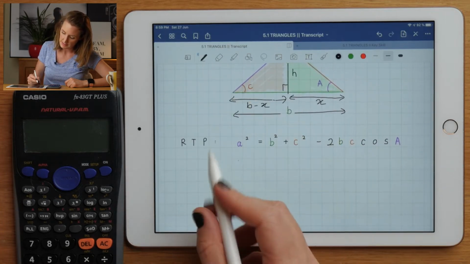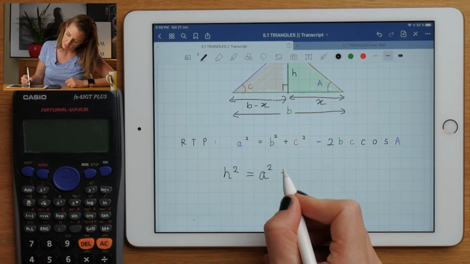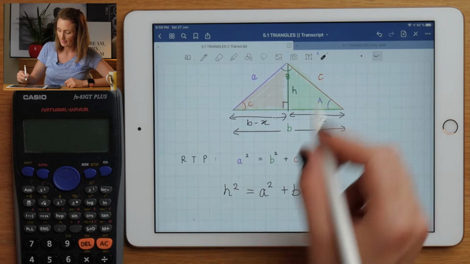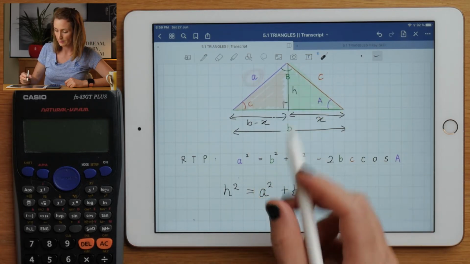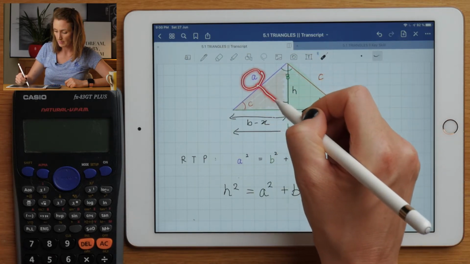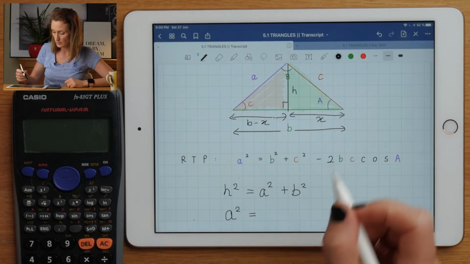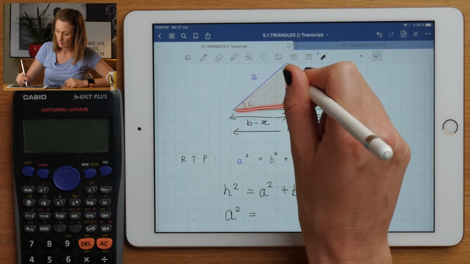So Pythagoras' theorem states that the hypotenuse squared is equal to the sum of the squares of the other two sides. So don't get this a mixed up with the A in the diagram. In this diagram here, the hypotenuse is a because it's opposite the right angle. So we've got a squared is equal to h squared plus (b minus x) squared.